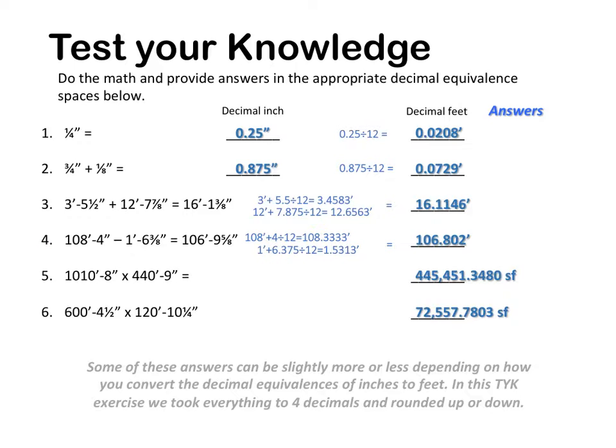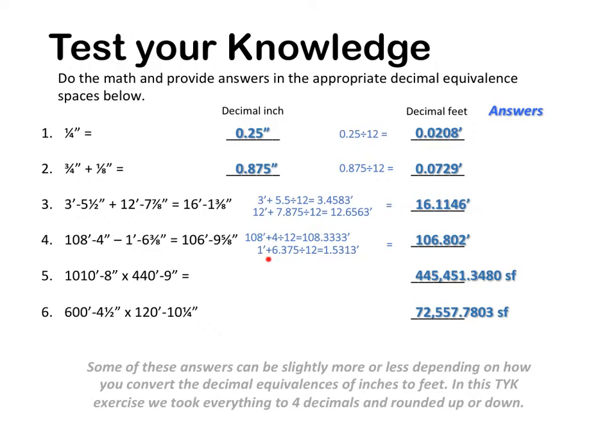Number 4, again, add the 108 foot 4 inches plus, in this case, minus 1 foot 6 3/8 inch gives you 106 feet 9 5/8 inches. Again, I took the 108, which is 4 inches divided by 12, gave me 108.3333 feet.